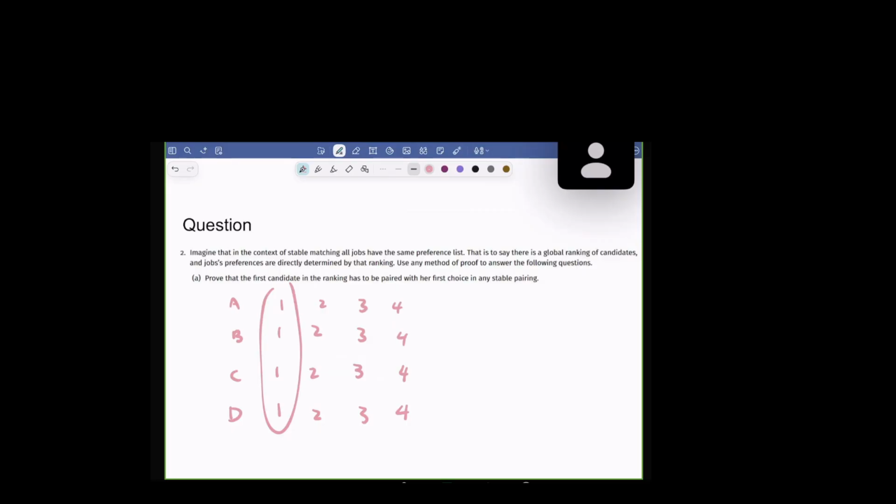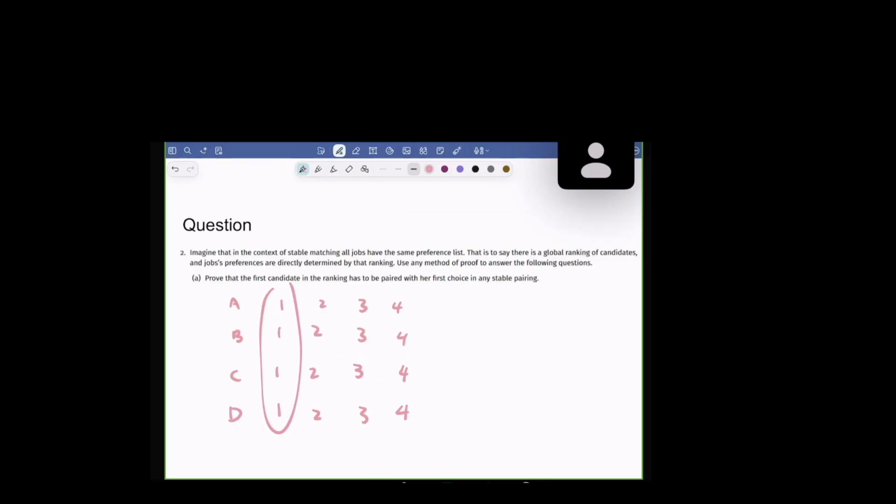And we can prove that because, assume by contradiction that this candidate is not paired with her first choice, but the job wants her and she wants the job more than whatever she's paired with, because right now we're assuming she's not paired with her first choice. And then we would have a contradiction because that would produce a rogue couple, which would contradict the assumption of a stable match, that the stable match does not have any rogue couples.